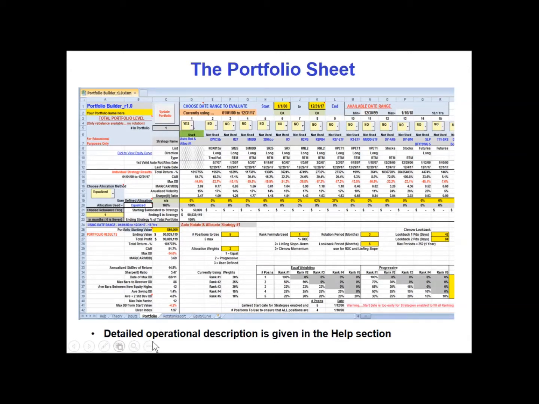If you say 30% on a particular strategy, it'll rebalance it back to 30%, depending on what you have for the rebalance interval. And if you say equivalent and you have 5 strategies out there, it's 20% for each. That's correct. And then it rebalances whenever the interval is, if you have something other than zero. Right.